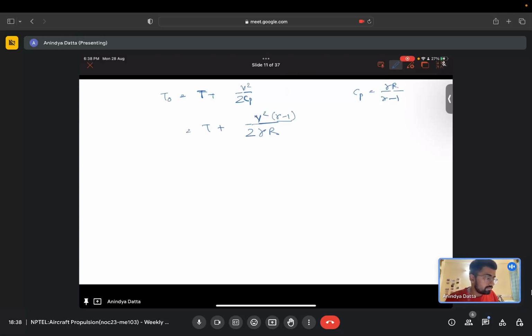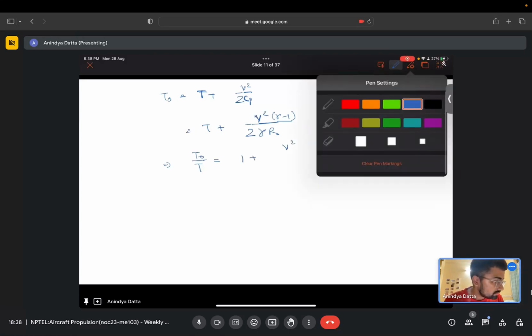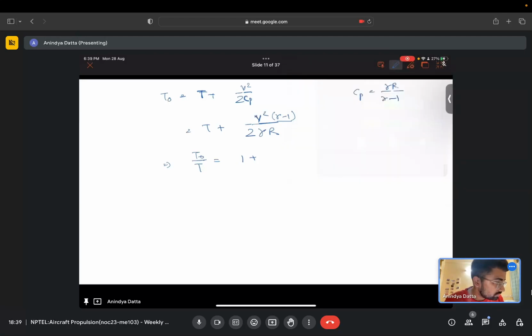Now if we divide both sides by T, we get 1 plus gamma minus 1 by 2 times V square by gamma RT.